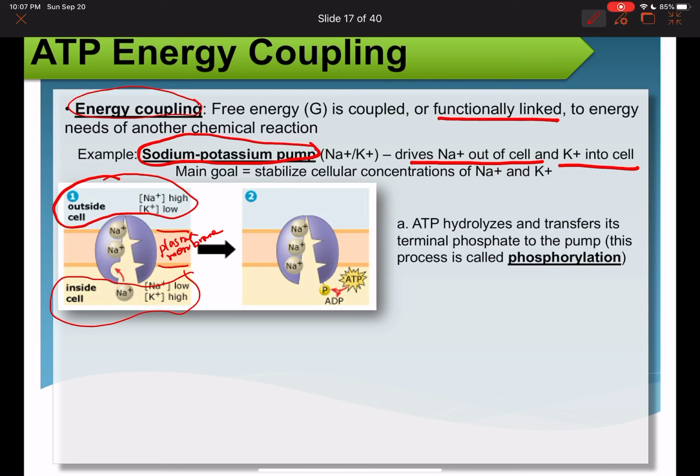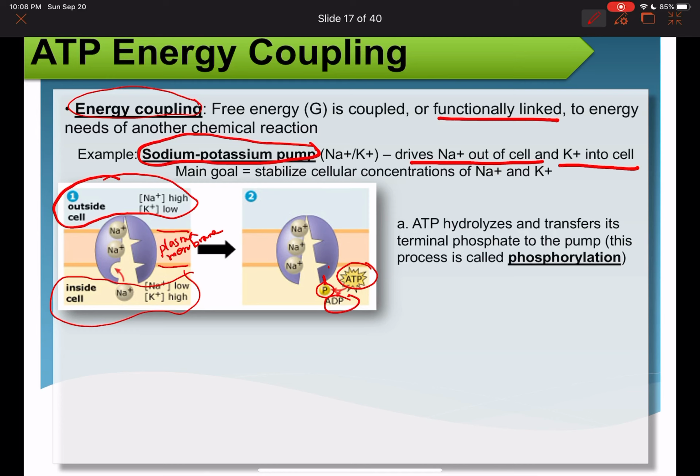And once sodium ions are bound, a molecule of ATP can actually be hydrolyzed to ADP and inorganic phosphate, and the inorganic phosphate group actually gets transferred from the ATP onto the protein pump itself. Okay, it becomes attached to the protein pump, or the sodium-potassium pump specifically.